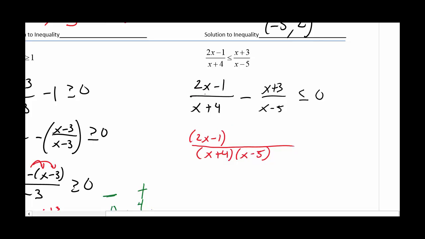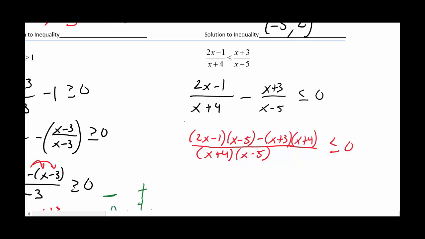In this 2x minus 1 over x plus 4, what did it not have of that common denominator? It didn't have x minus 5. And the x plus 3 over x minus 5, what was it missing? It was missing x plus 4. Now I can do some simplifying and multiplying.